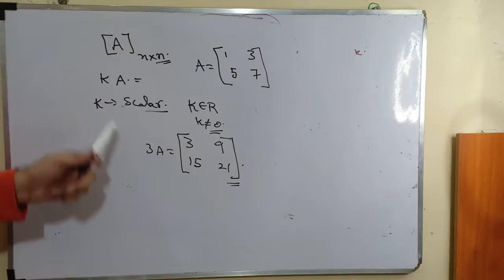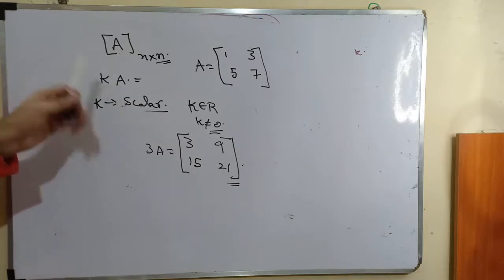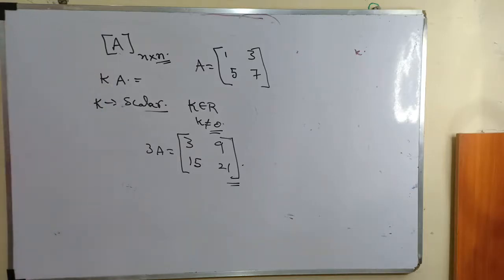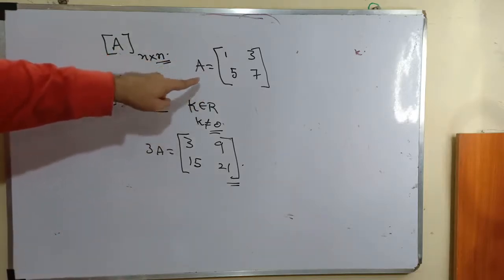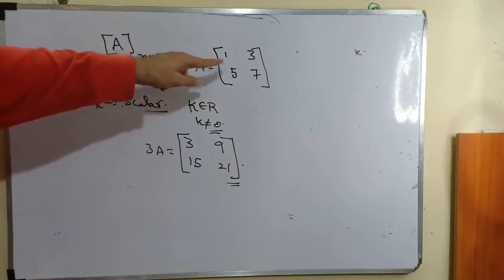In fact, if A is an n by n matrix, K will multiply all the elements of the matrix. If you consider a 2 by 2 matrix, it means multiplying all the 4 elements.